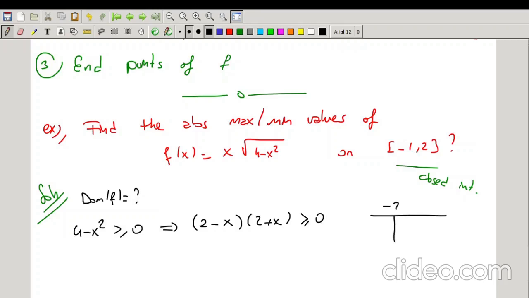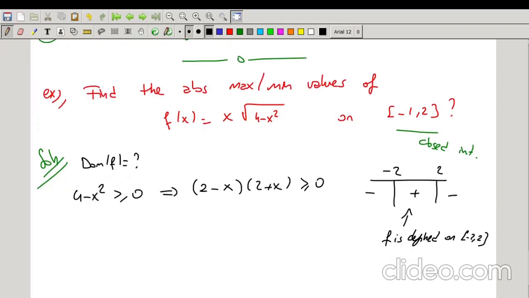If we have -2 and 2 here, this is a simple table to see the sign of the function. Since the sign is minus, plus, minus, it means f is defined on the interval -2 to 2. And the question is given on -1 to 2, which is already in the interval -2 to 2. So we have no problem with the domain.